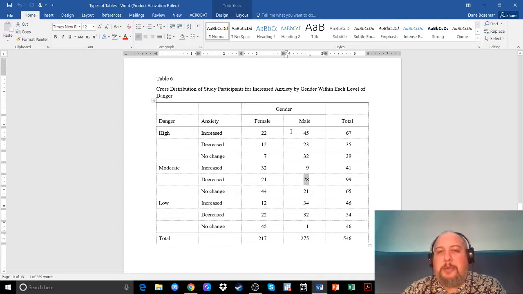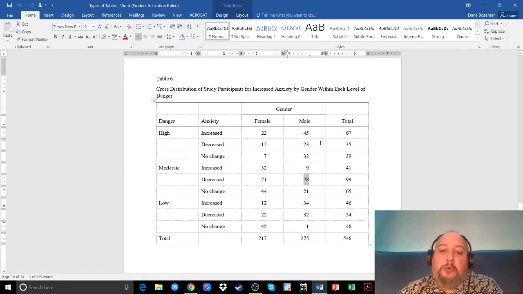And so you see how it works a little bit better if you work your way out. So we start on the inside. 67 individuals regardless of gender who experienced increased anxiety also experienced high danger.